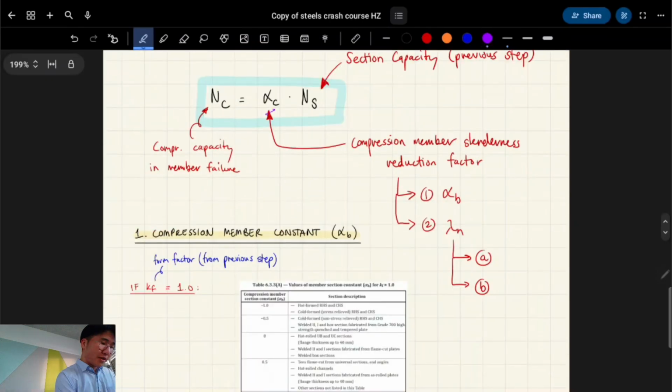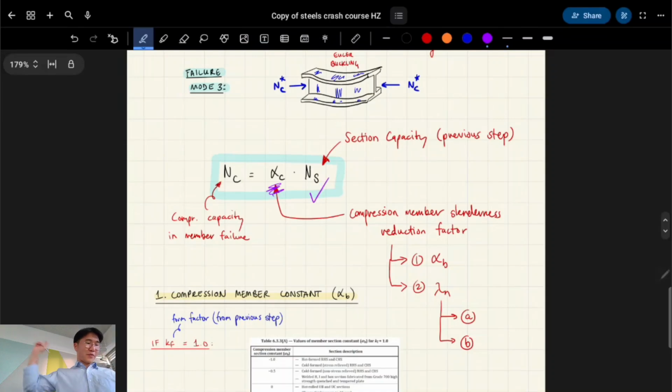And so the end goal is to find this thing called the compression member slenderness reduction factor. And here's where you just go down a rabbit hole of folders within folders, so to speak, of formulas to follow. So you got this one from the previous step, which is the capacity.